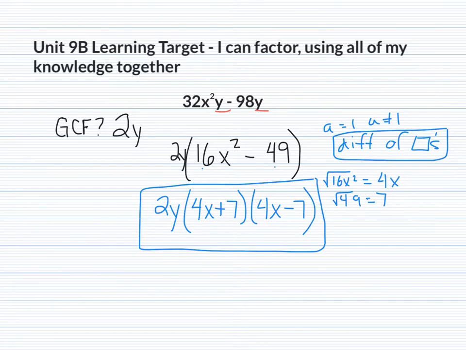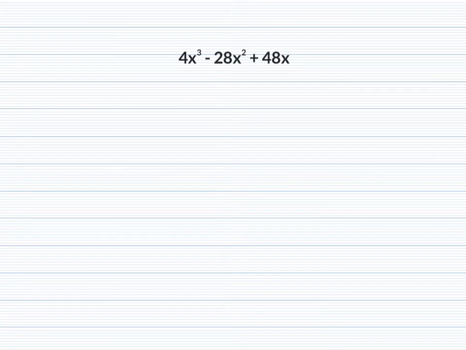All right, let's look at the next one. Again, let's look for a GCF. So thinking about 4x to the third, that's 1, 2, and 4. So let's think about 4. Does 4 go into 48?